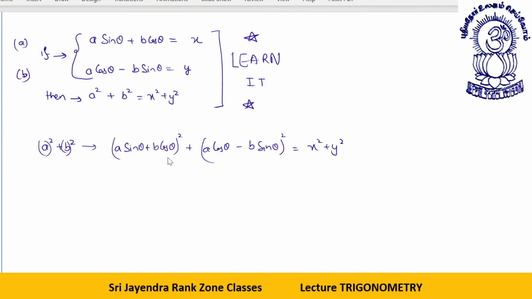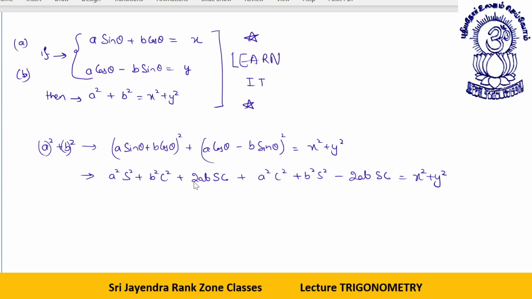Fine. So this gives me a square sine square plus b square cos square plus 2ab sine cos plus a square cos square plus b square sine square minus 2ab sine cos, which is x square plus y square.